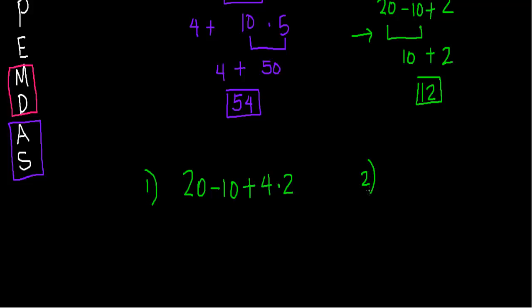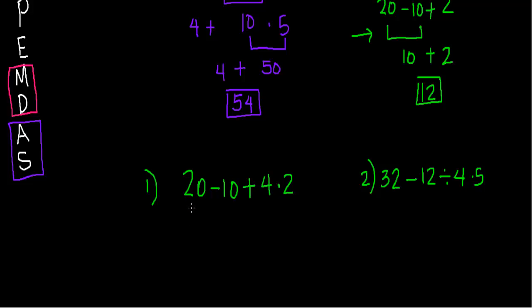And the second one I want you to do is 32 minus 12 divided by 4 times 5. Hit pause, work on these problems, and then come back to see the answer.